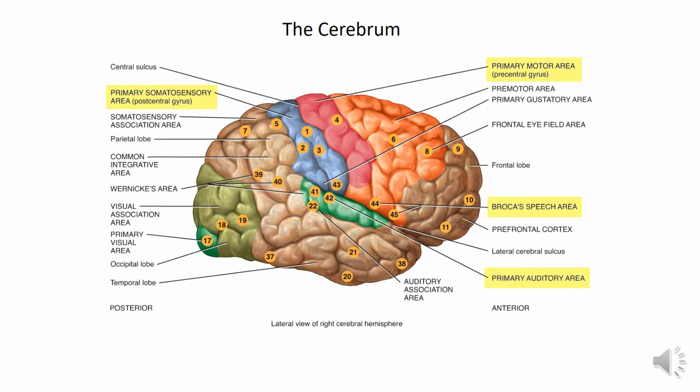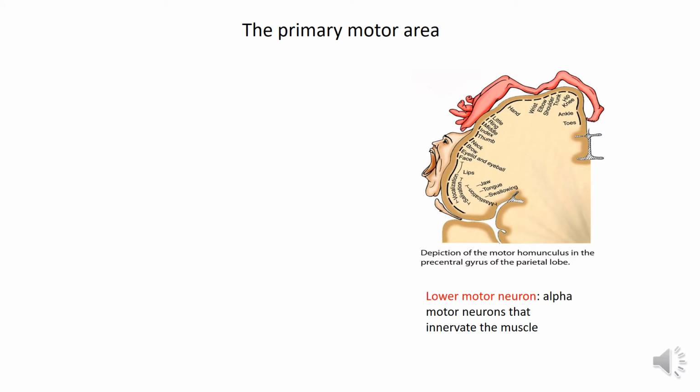Also, this slide, we saw it previously, and we discussed the mapping of the cerebral cortex into motor areas and sensory areas. Going to the primary motor area, or area 4.